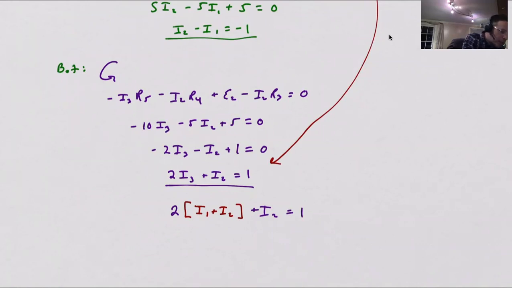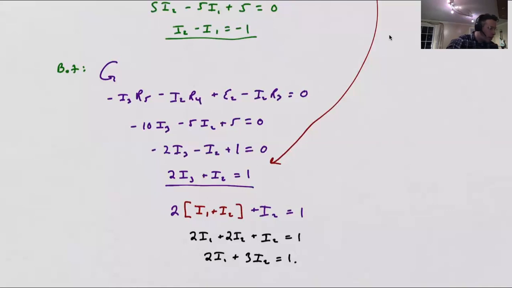And so I'll do all the new stuff now in black. 2I1 plus 2I2 plus I2 is equal to 1, okay? Another way of saying that is 2I1 plus 3 I2 is equal to 1. Okay, and we pause.